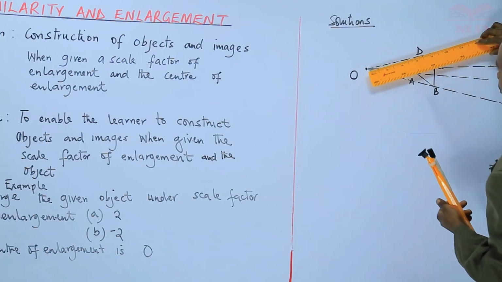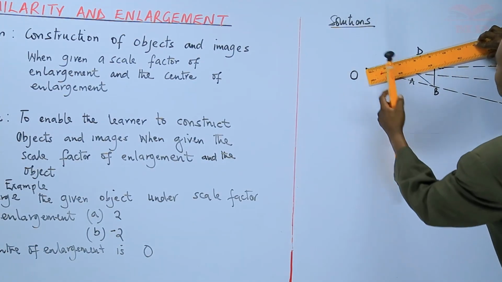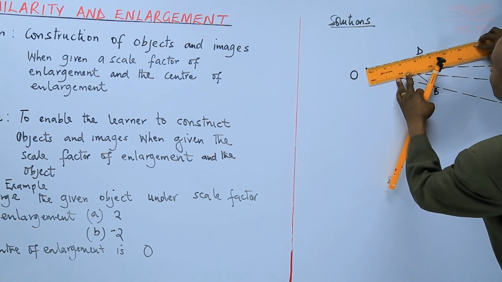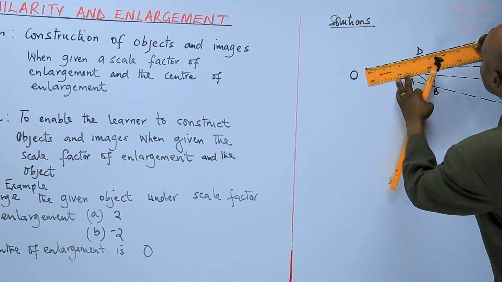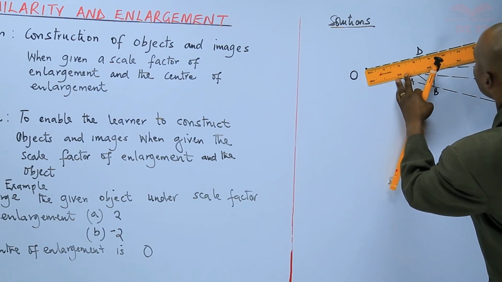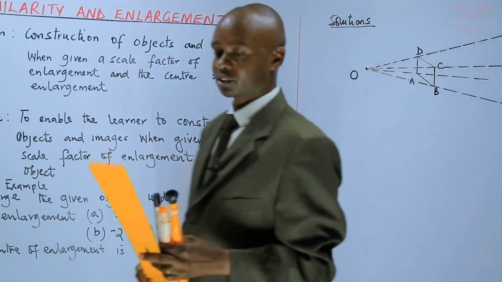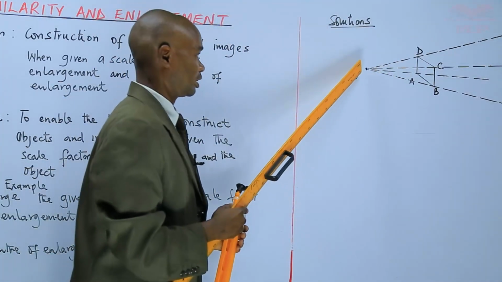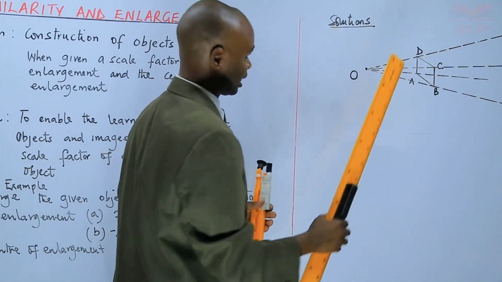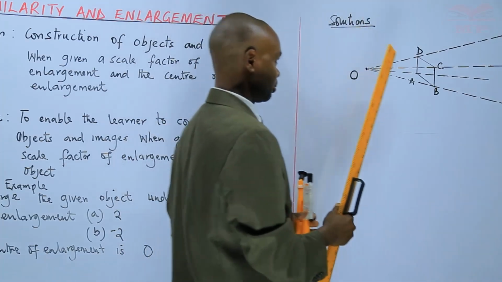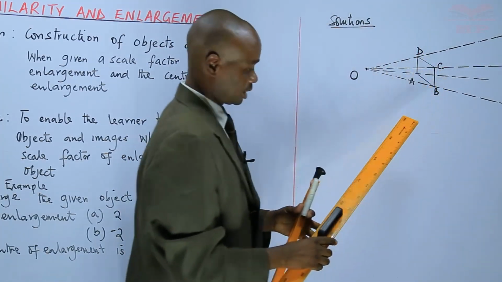So if I measure O to D, according to my divisions on the board, it is 6.7. So the distance to the image, OD prime, will be 6.7 times 2. It will be double.